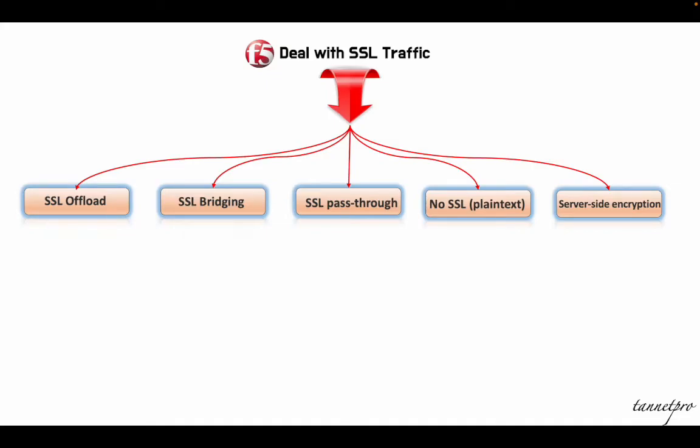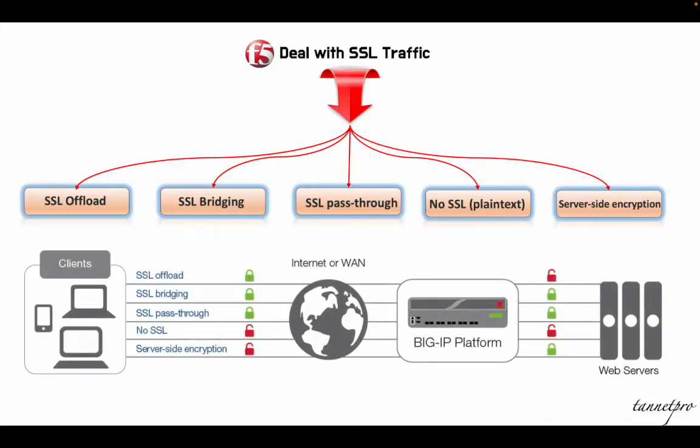Yes, so I will explain the first 3 parts: what is SSL offload, SSL bridging, and SSL pass through. All right. Hope it is self-explanatory. And then no SSL, with no encapsulation and no encryption. So these are the 5 kinds of SSL handling with F5.